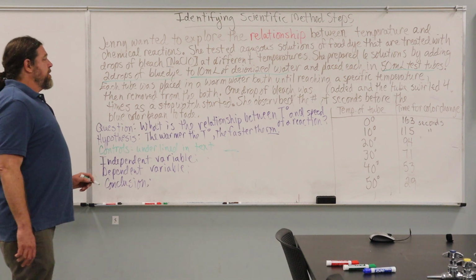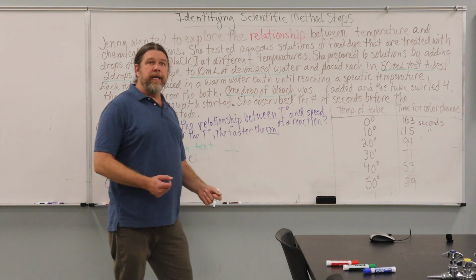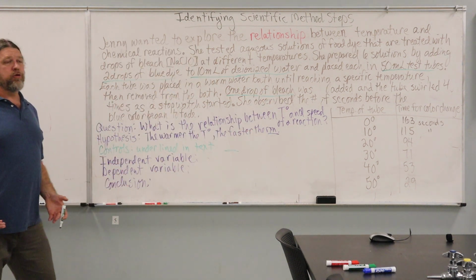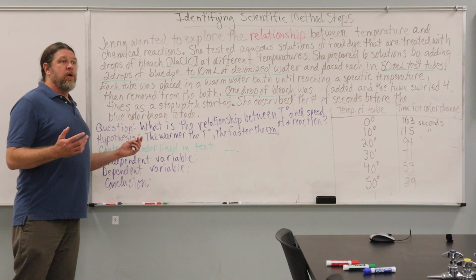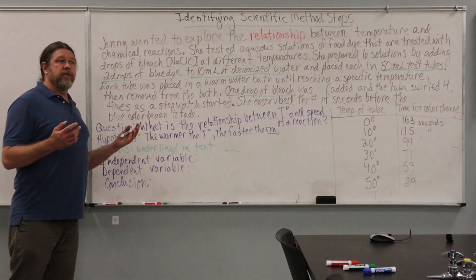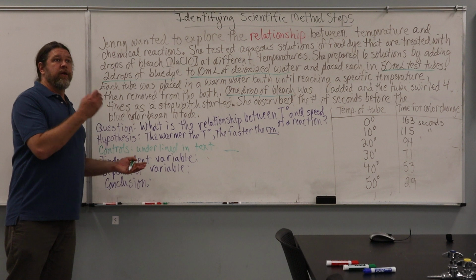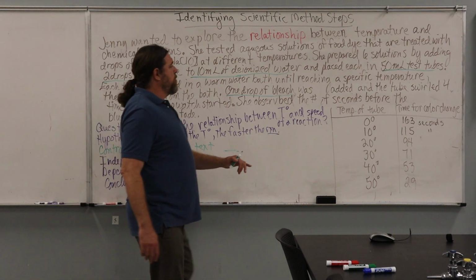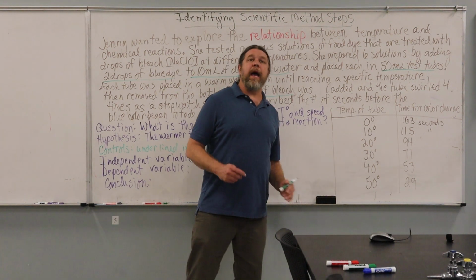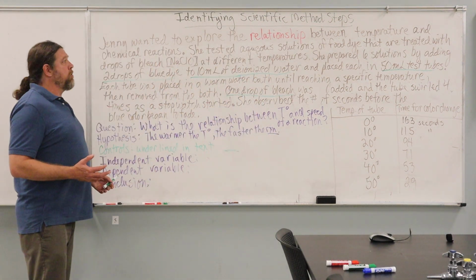However, the reaction involved all of them getting 1 drop of bleach, okay? That's a control. So our chemical reaction, our 2 reactants, everything was the same: 10 milliliters of water with 2 drops of food dye solution treated with 1 drop of bleach. So all of these tubes had the same actual chemical reaction, both quantitatively and qualitatively.